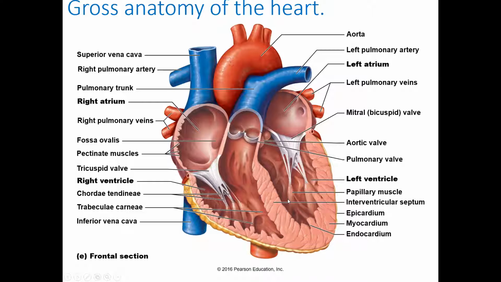The left ventricle has to exceed pressures of at least 100 to 120 millimeters of mercury. The right ventricle only has to go above 20 to 25 millimeters. The pressure in the pulmonary trunk, this artery here, is very low. The pressure in the aorta, the largest blood vessel in the body, is very high.